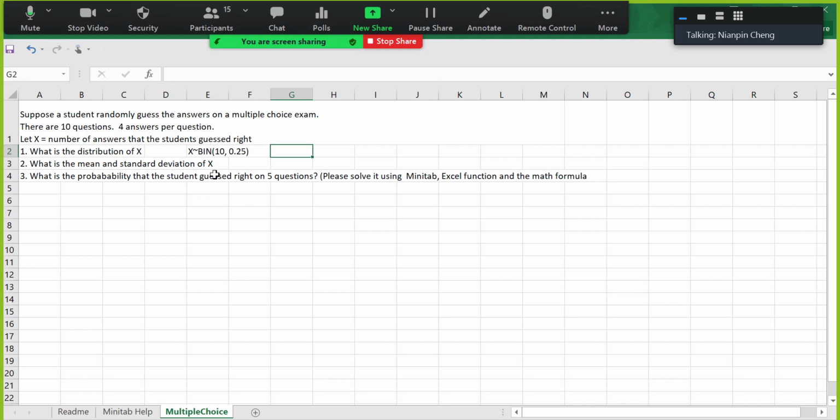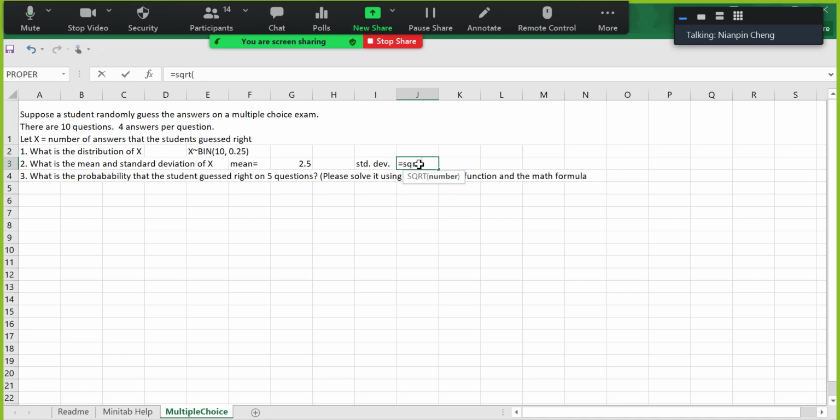So we know for a binomial distribution, what is the mean, right? The mean is equal to np, n times the probability. So what is the standard deviation? The standard deviation is the square root of variance.